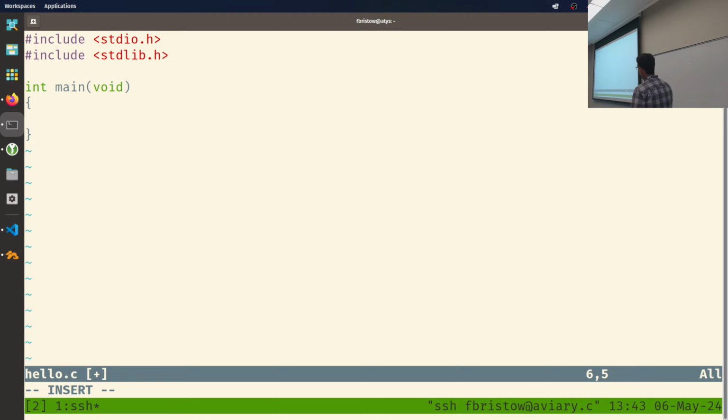In C, to print something to output, to make some output, we use a function that's called printf. It takes a string as input, kind of like System.out.print.